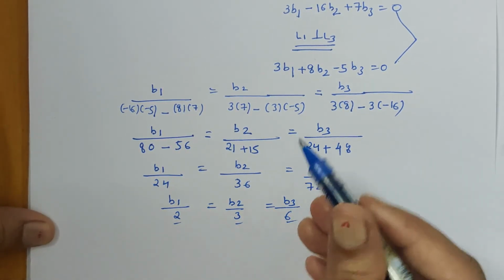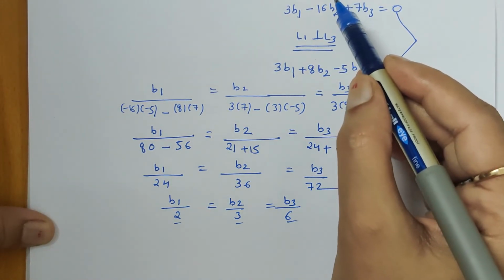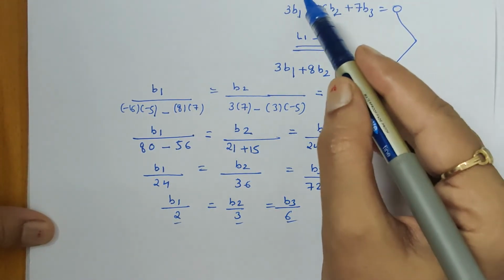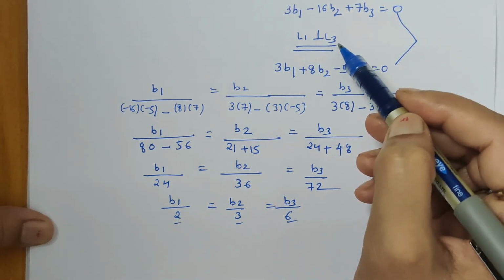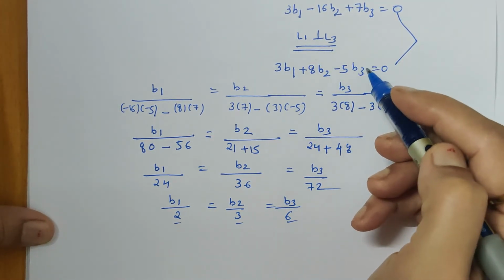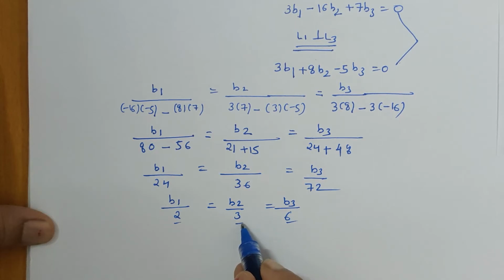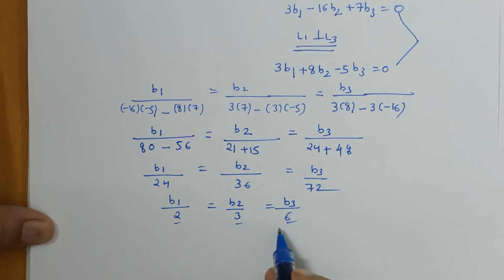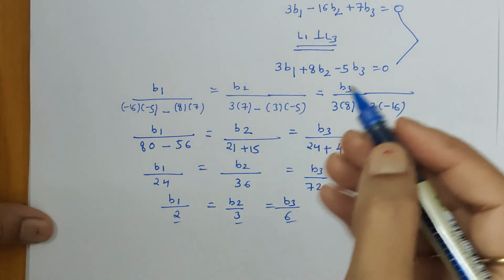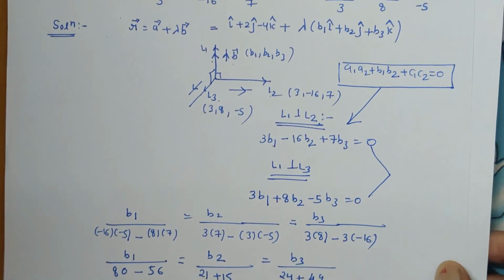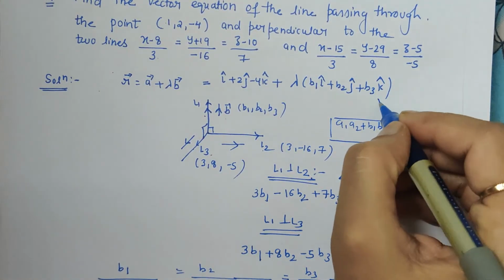So with the help of the two relations, L1 perpendicular to L2 and L1 perpendicular to L3, we got the direction ratios of the required line. Now we simply substitute into the equation written at the beginning of the solution.